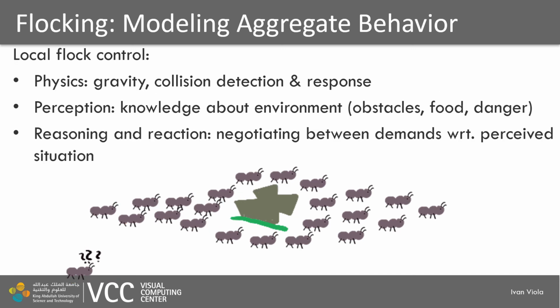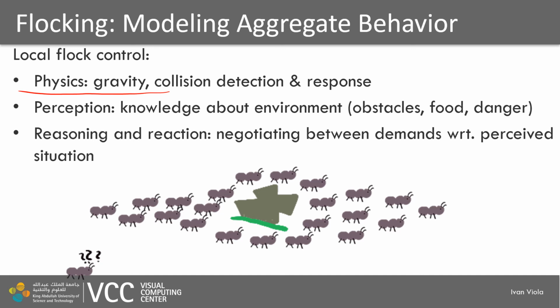So in sum, we can have several levels of the flock's behavioral intelligence. First of all, there is some physics behavior which doesn't really define any intelligent behavior. It's just that the laws of physics have to be obeyed in this kind of simulation.